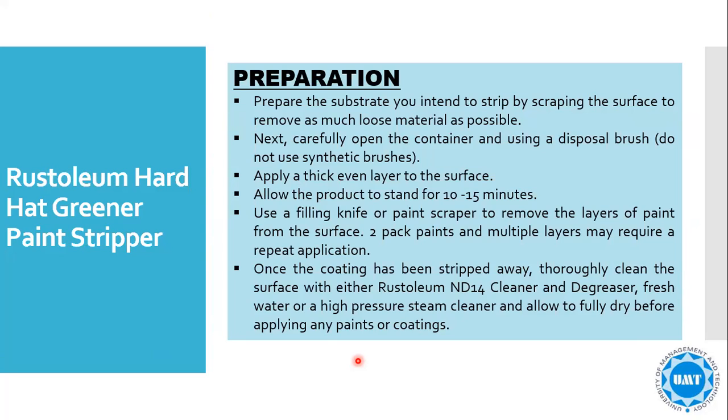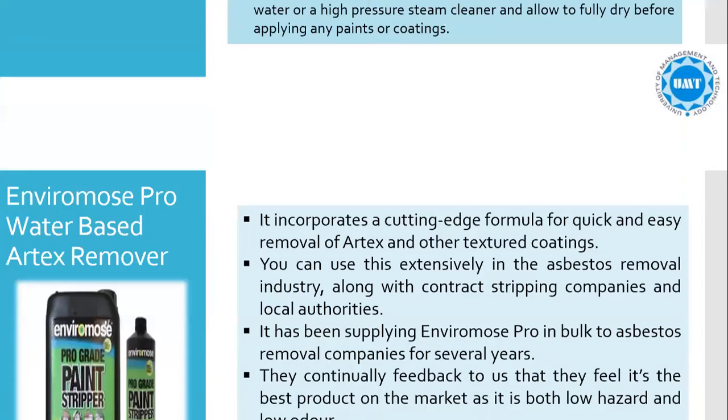Allow the product to stand for 10 to 15 minutes, then use a filling knife or a paint scraper to remove the layers of paint from the surface. Only the coating that has been stripped away, thoroughly clean the surface with either Rust-Oleum cleaner or degreaser, fresh water or high pressure steam, and allow to fully dry before applying any paint or coating.